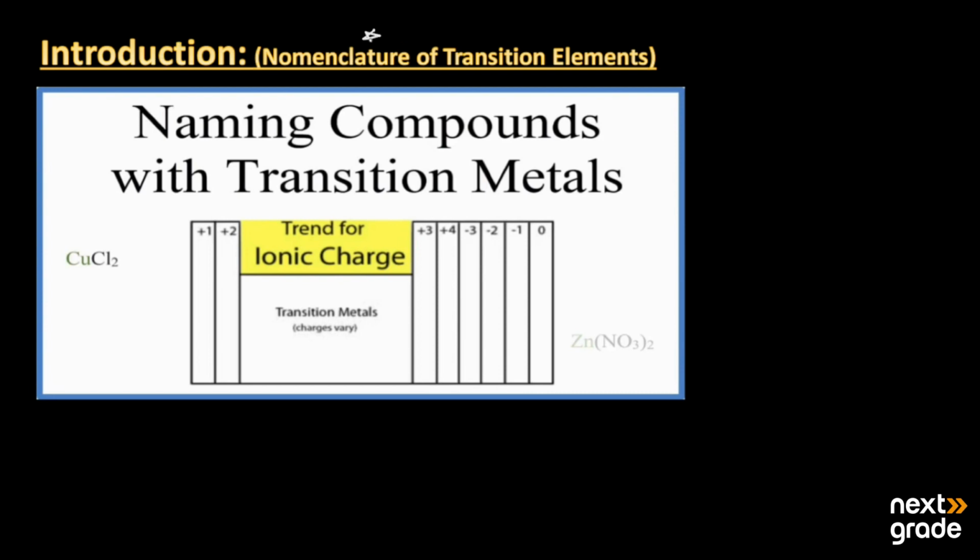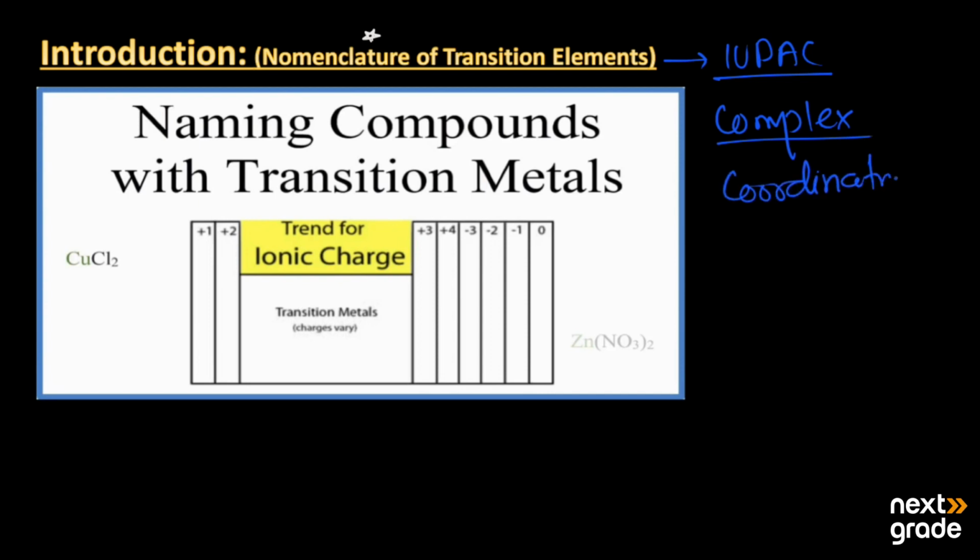Simple nomenclature means how we give the IUPAC names to all the compounds in the class of transition elements, as well as the different types of complexes they make, which are also called coordination compounds. We will discuss how to name all these compounds.